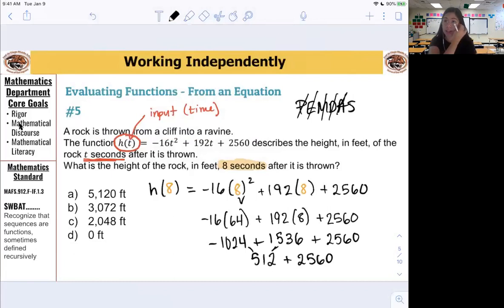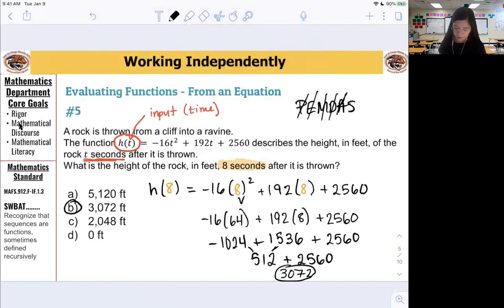Even if you don't have a calculator in front of you, I'm starting at negative 1,024 and I'm adding 1,536. I'm adding a value bigger than when I started, so I'm definitely going to go up into the positives. That's how I ended up with positive 512. And then I do my last addition here, 512 plus 2560 gives me 3,072. So that's how I got my final answer, which is B.